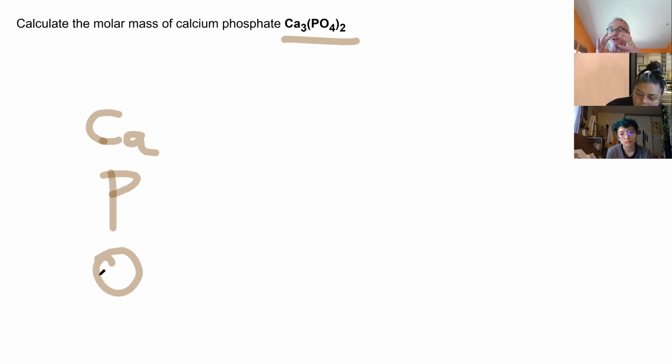Basically, it's a collection of atoms that are chemically bound to each other, and we'll learn how they bind a little bit later. Basically, it means they're sharing electrons in some way. So all these elements are sharing electrons with each other, and they're all together as one unit. So this is now a compound.